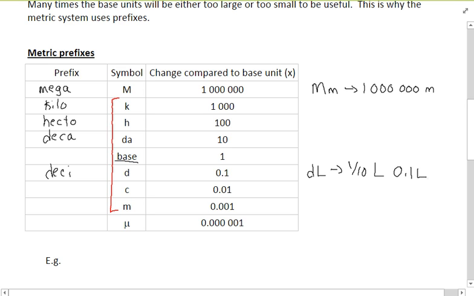I now have less than a liter. C, as most of you would remember, is centi, 1/100th of your base unit.